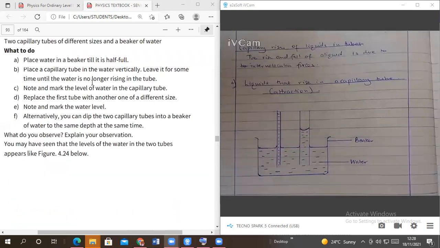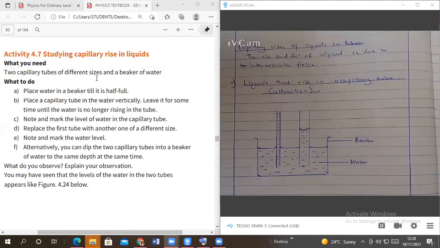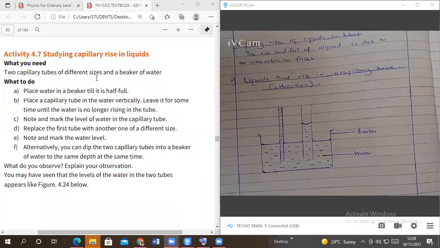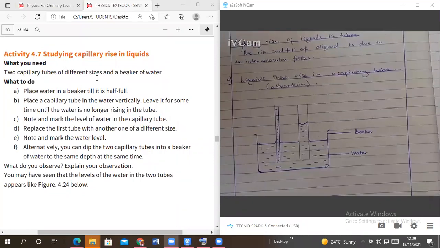If you have not finished, you can see the one that I've drawn. So let us write the procedure. We want to investigate the capillary rise in this tube.